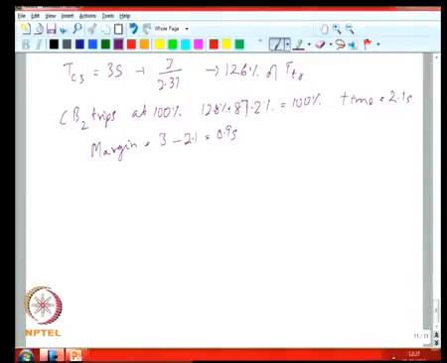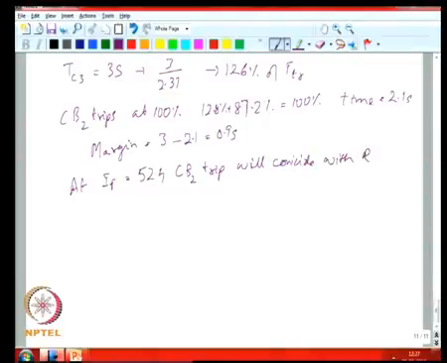device acts. So, one thing you could do is verify through calculations at IF of 524 amps your CB2 trip will coincide with R lockout.